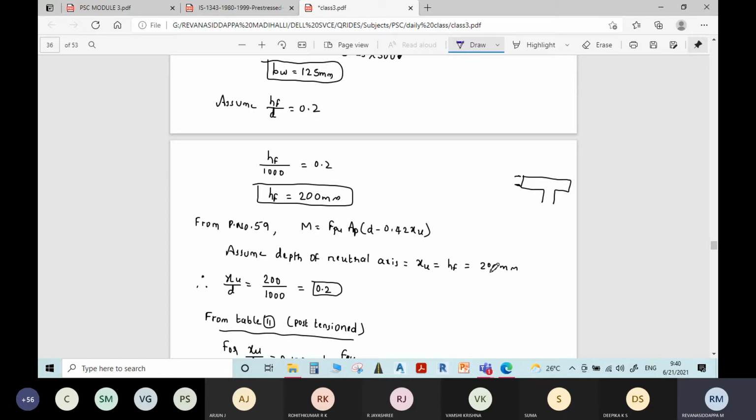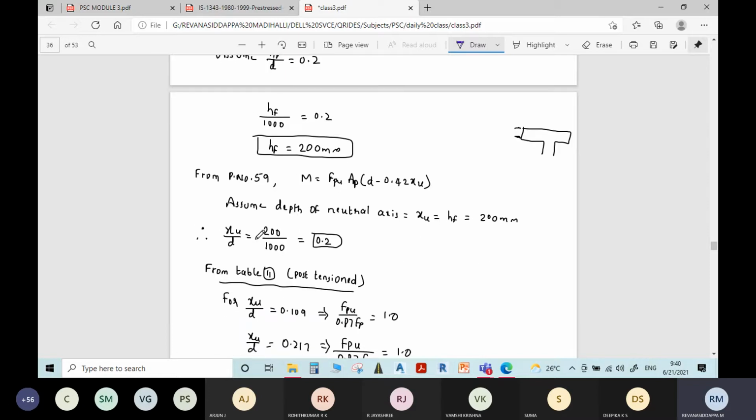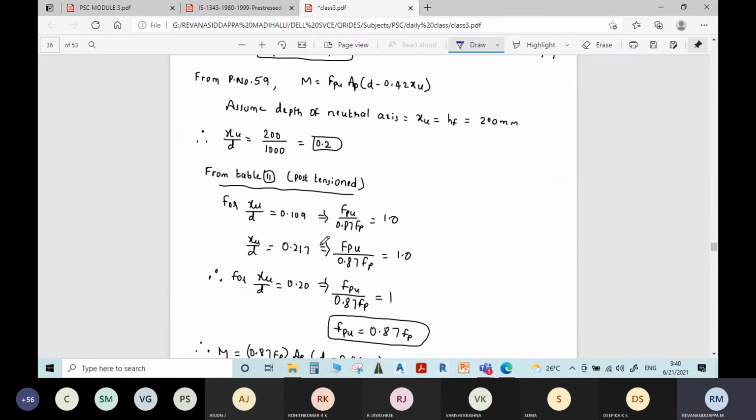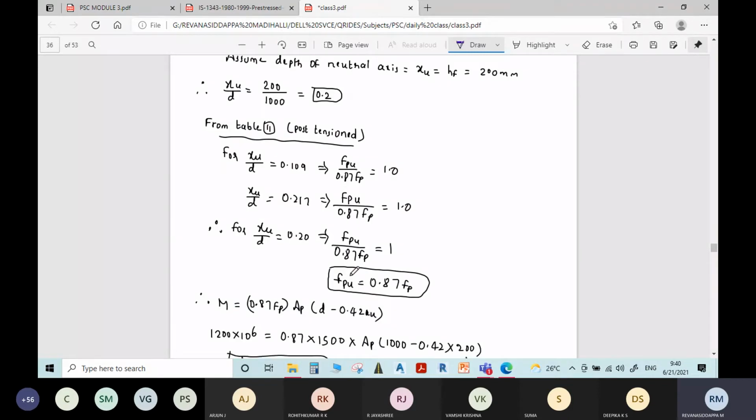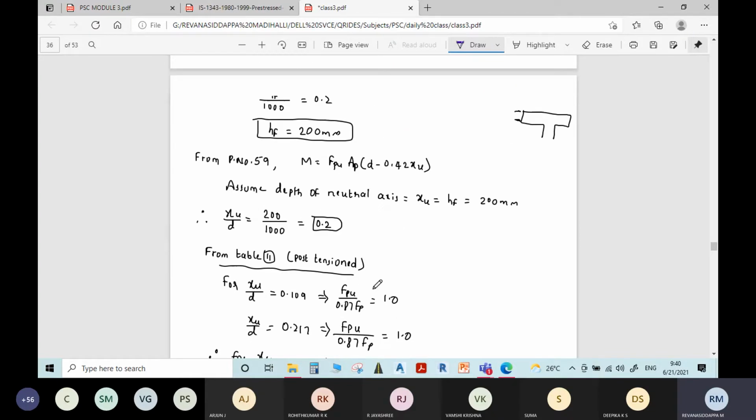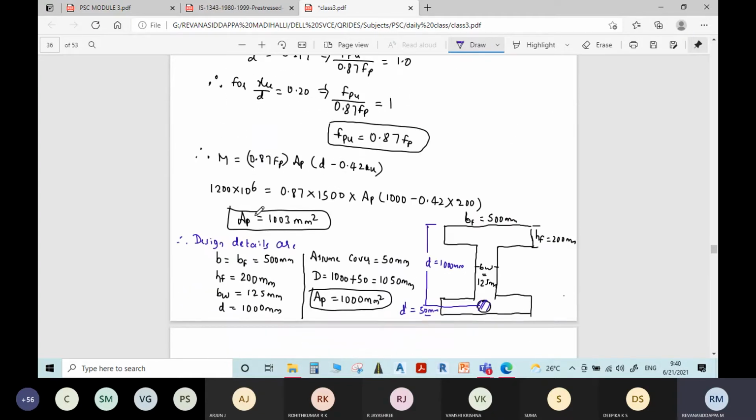If you calculate the ratio XU by D, you will get 0.2. Corresponding to this value, using table 11, we have calculated the ultimate stress FPU, that is 0.87 FP. Knowing all the parameters, we substituted in this formula and you get area of pre-stressing steel. Finally you need to write design details.